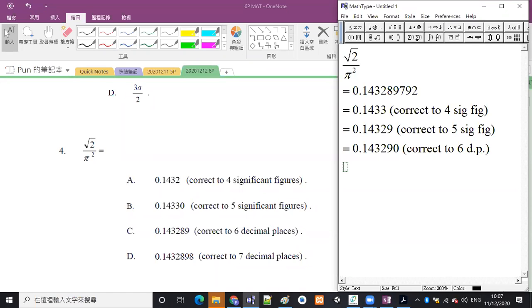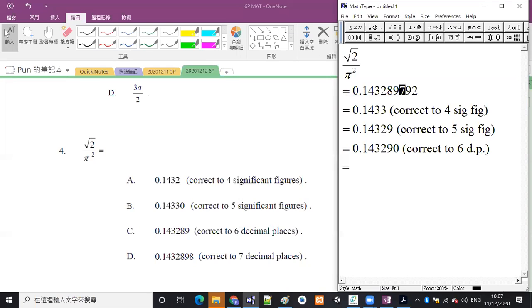So let's see why it is correct. It is correct to 7 dp. It's first, second, third, fourth, fifth, 6, and 7. The 7th decimal place is this 7. And then we need to round off. We need to check the next digit, whether it is larger than 5 or not. So the next digit is 9, which is larger than 5.